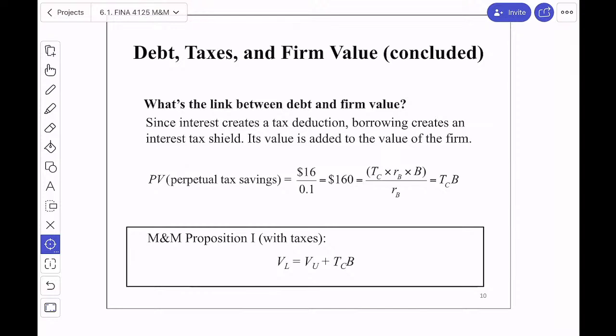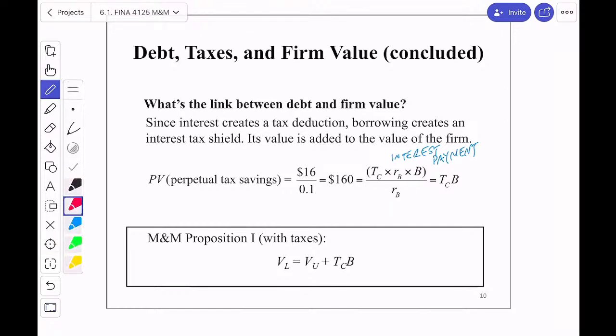So in our example it's $16, and that happens forever. That's 160 overall. In symbols, that would be TCB, because this is TC, the tax rate times the interest payment. And we have to use a perpetuity for that. This is all assumed to happen forever. Remember, this is the theory. These are the assumptions of the model. These cancel and leave TCB.